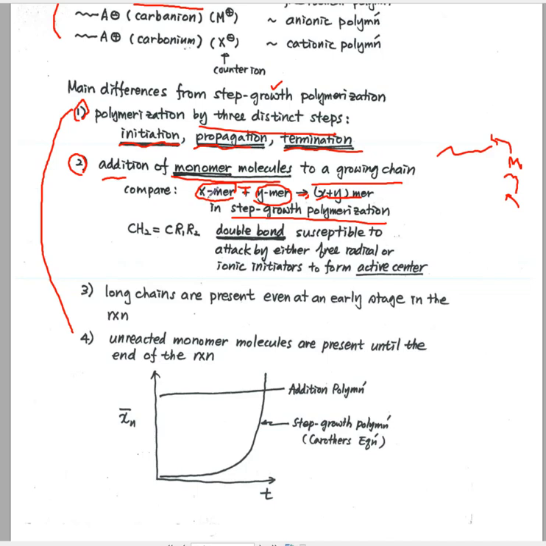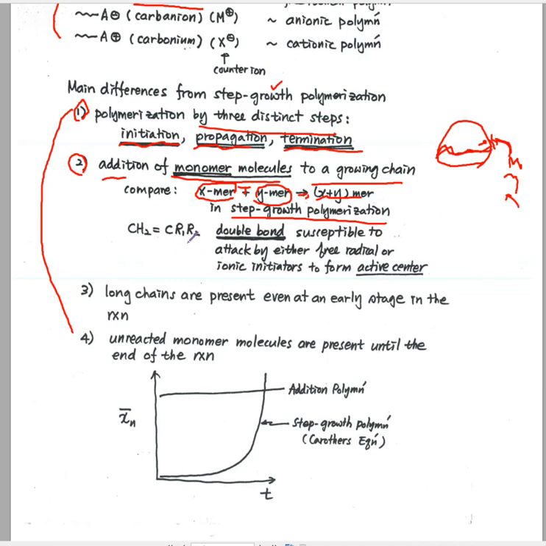Monomer, dimer, trimer, any molecules inside the reaction vessel could react with each other because they all had functional groups. But in free radical polymerization, only the growing chain which contains a free radical can have a monomer molecule attached, can be added. That's why we call it addition polymerization.